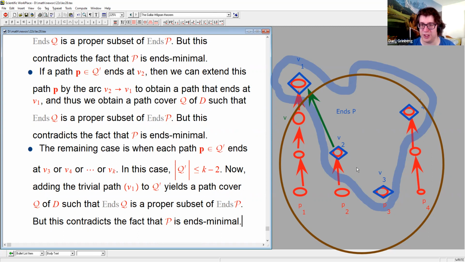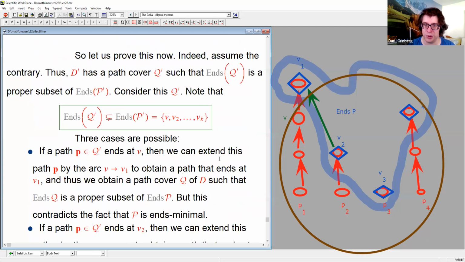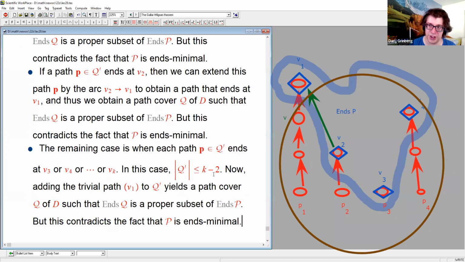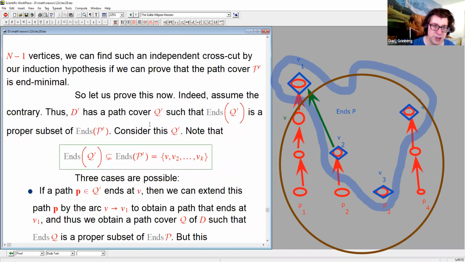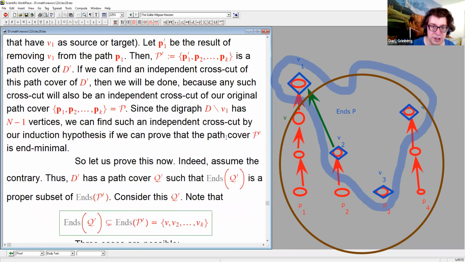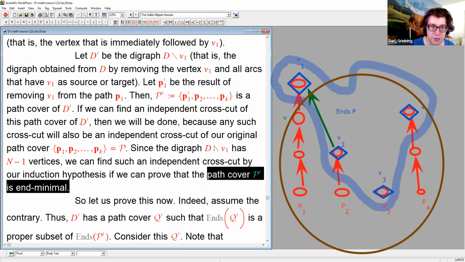So whatever option we take, we get a contradiction because we can extend the path cover of the brown subgraph to the whole graph, and then its end set is still a subset of that of P. So we got a contradiction in each case, and thus we are done proving that our path cover P prime is end minimal.